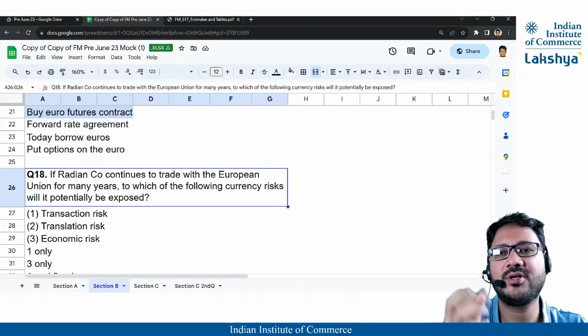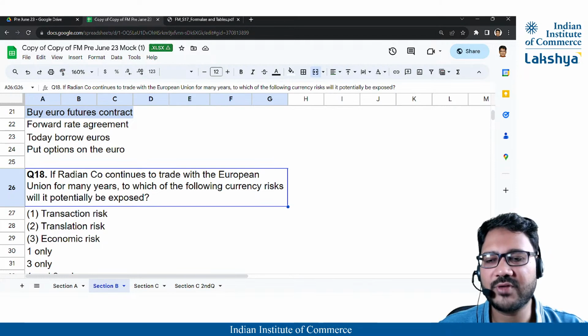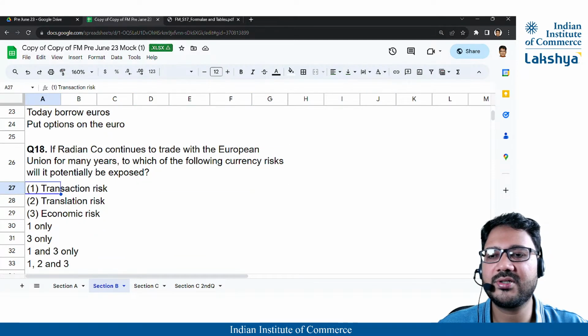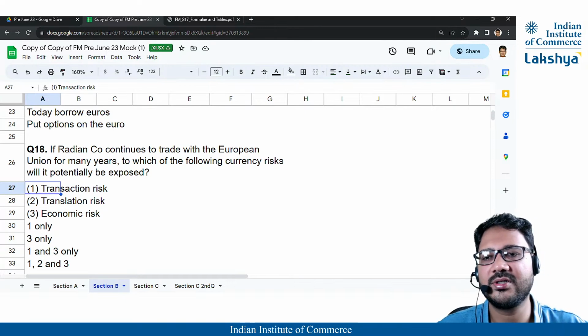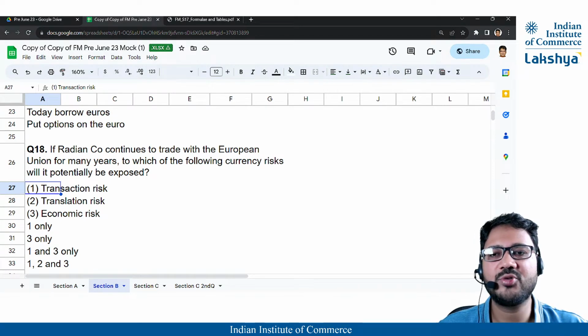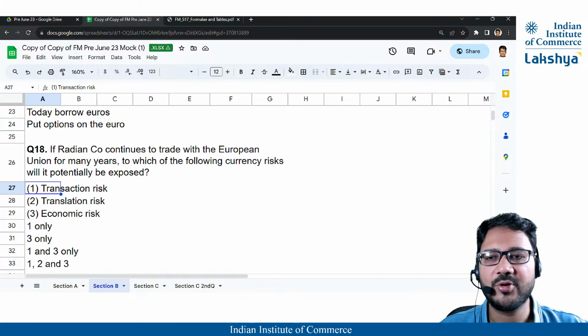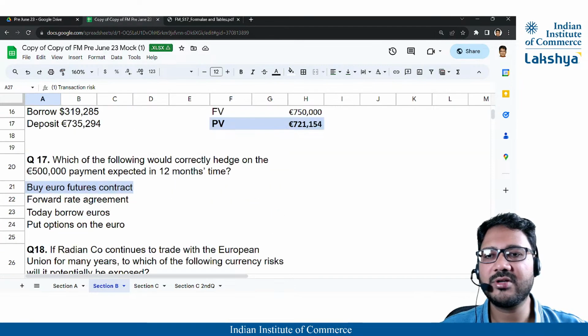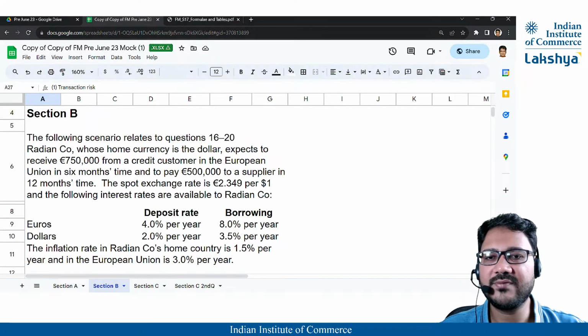That would lead to some fluctuation in your inflow or outflow of cash. So this company is definitely going to face transaction risk when it deals with the EU for many years. Translation risk is a bookish risk when you are doing a consolidation. Now, this particular company, they have not given anything about it, it only expects to receive a credit.